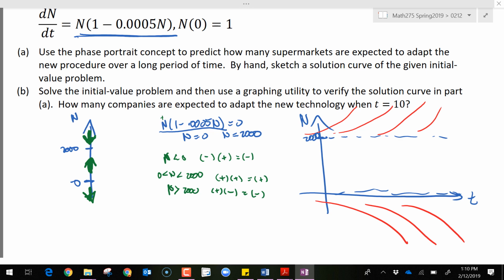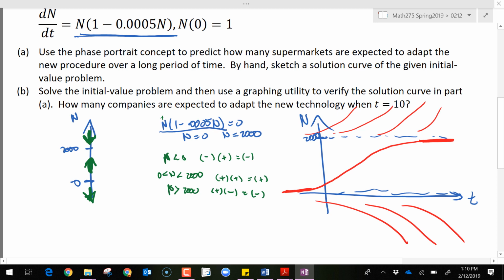But between 0 and 2000, we know that we're going to have an asymptote on the repeller side, on the unstable side, going off to negative infinity. And then we're going to have an asymptote on the positive side, approaching a stable equilibrium. So somewhere in between, you just have this thing.